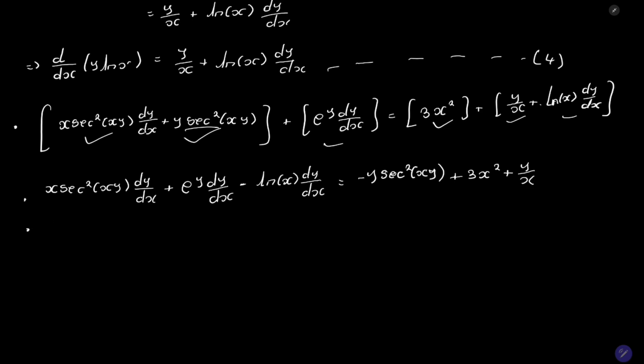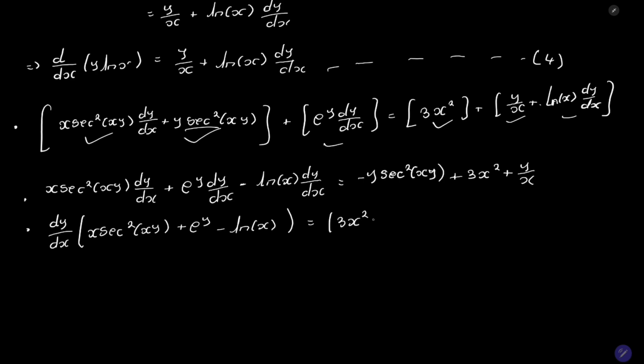Now on our left hand side, we factorize dy on dx out since it's common throughout the three terms, leaving us with dy on dx in brackets, x sec squared xy plus e to the power y minus ln x, all that equal to 3x squared plus y on x minus y sec squared xy.